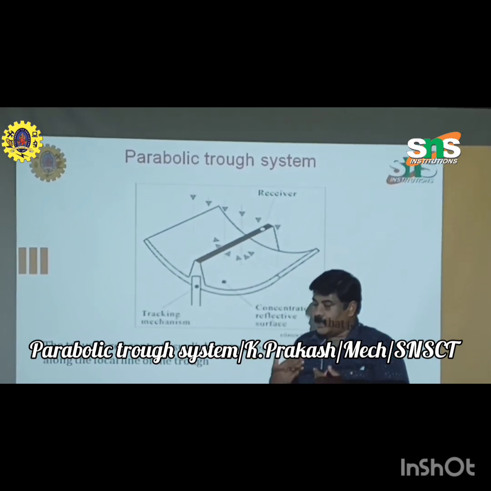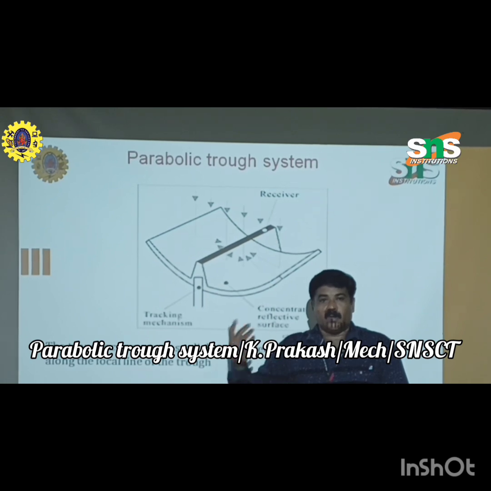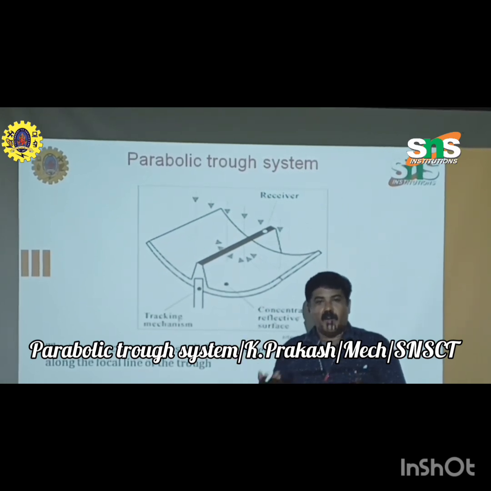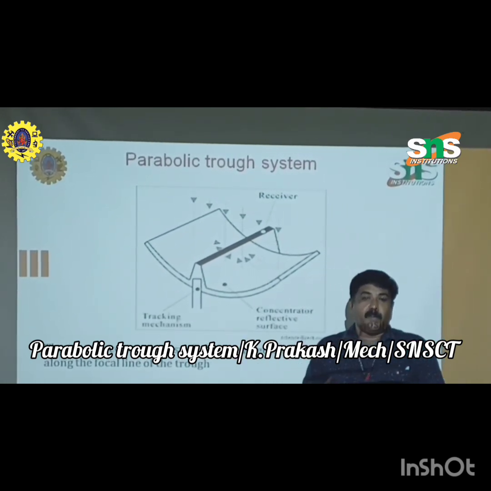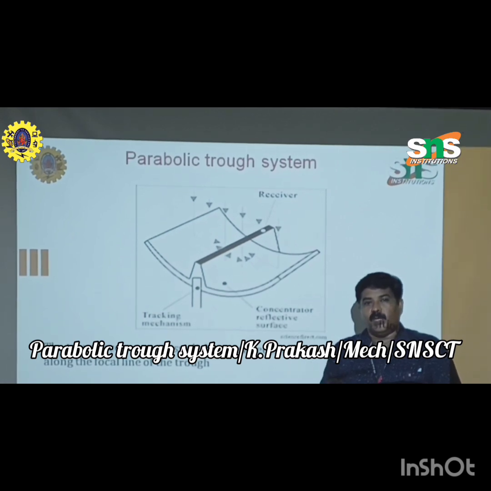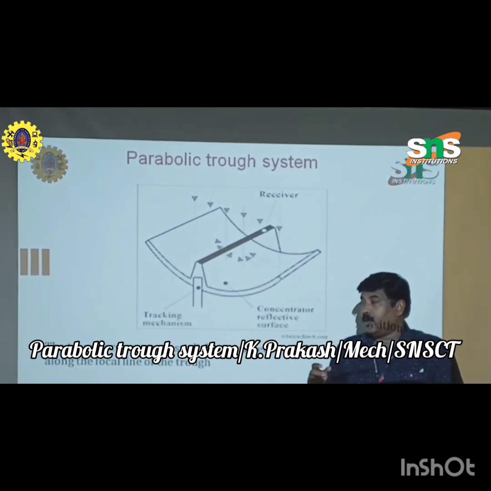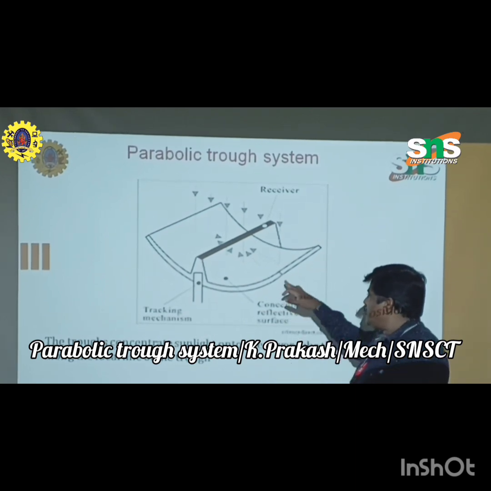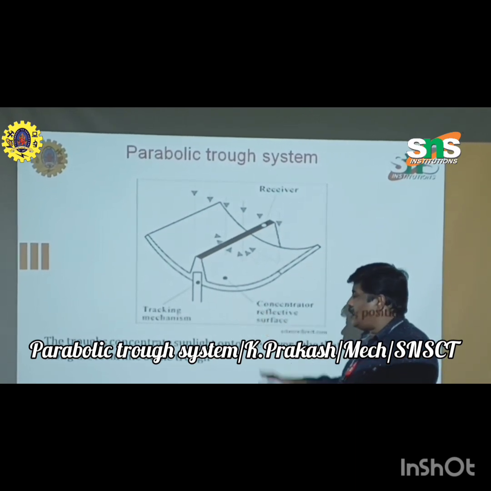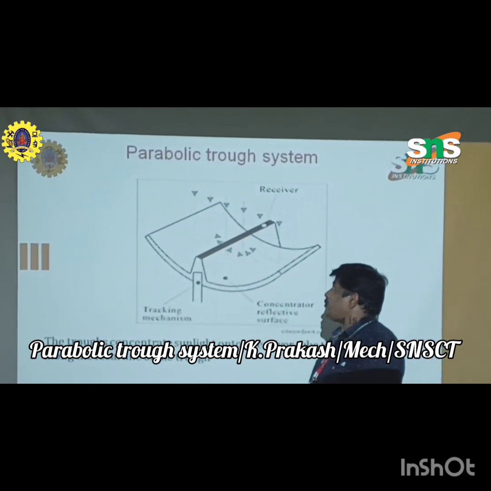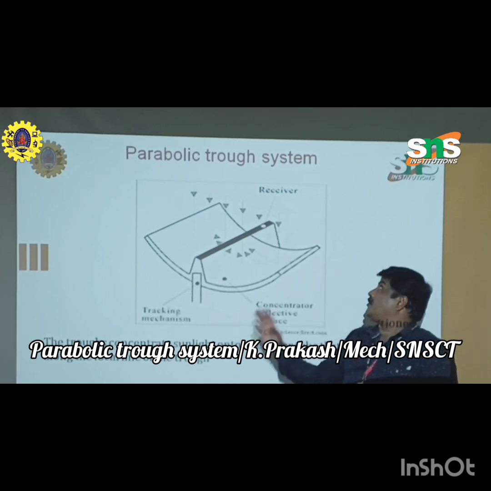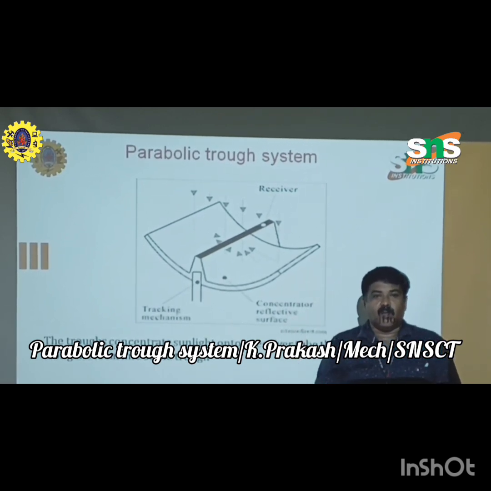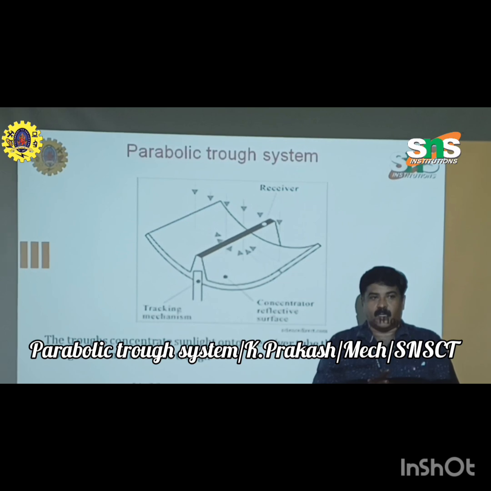We can use a single trough or multiple troughs, increasing the number according to the amount of heat required and our application. The tracking mechanism is very, very important. This parabolic trough system comes under the non-concentrating collectors.